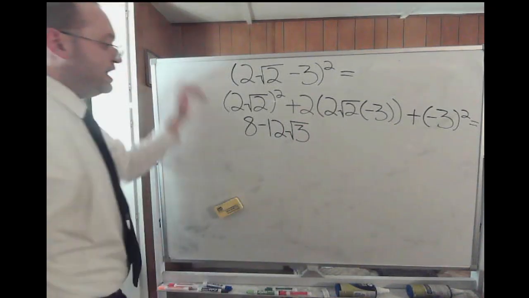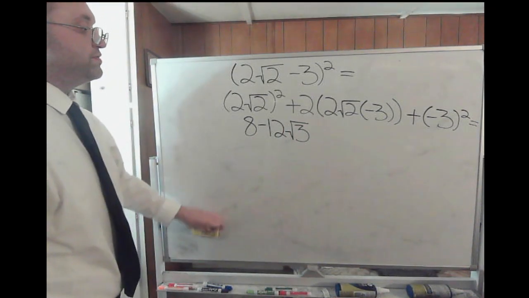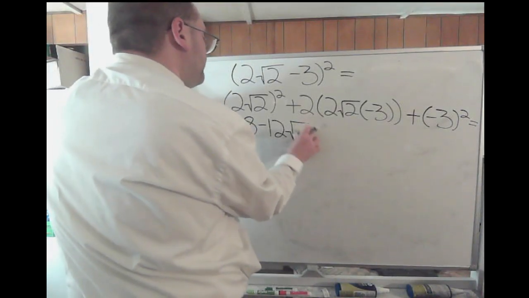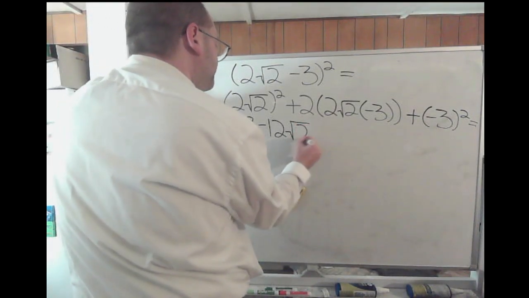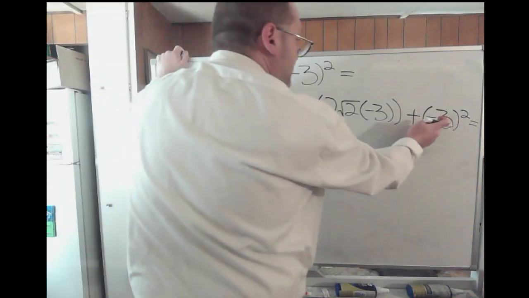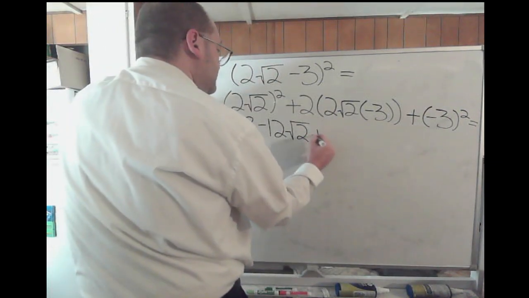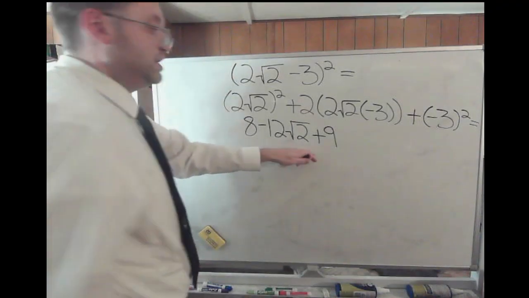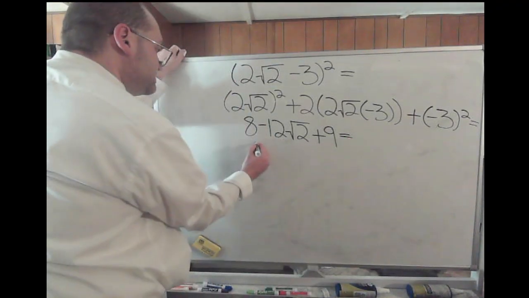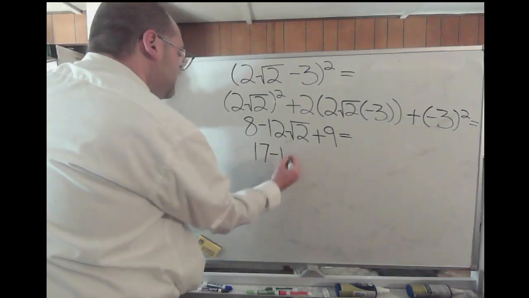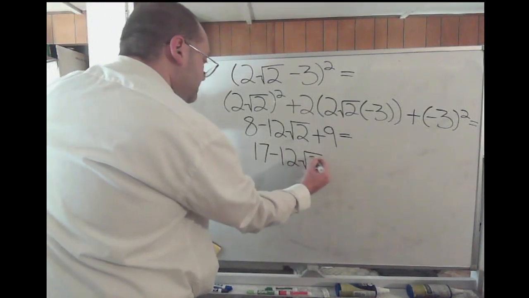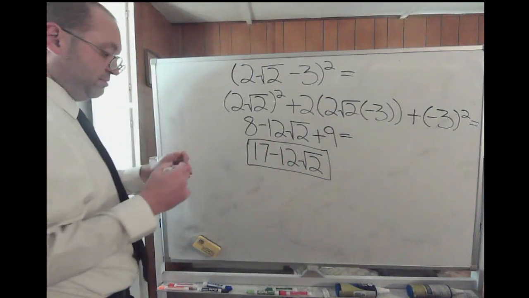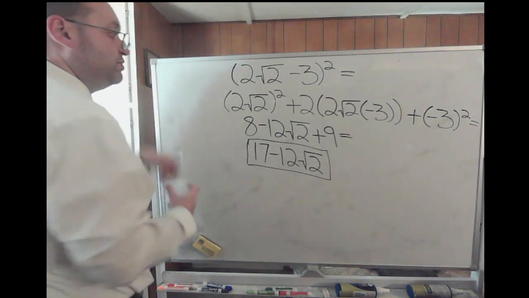So far you have 8 minus 12 times the square root of 2, excuse me. I don't know where I got square root of 3. That should be square root of 2. And then your negative 3 to the second power, that becomes positive 9. So now you have 8 minus 12 times the square root of 2 plus 9, which when you simplify this, you should end up getting 17 minus 12 times the square root of 2. And that would be your answer to this problem, 17 minus 12 times the square root of 2.